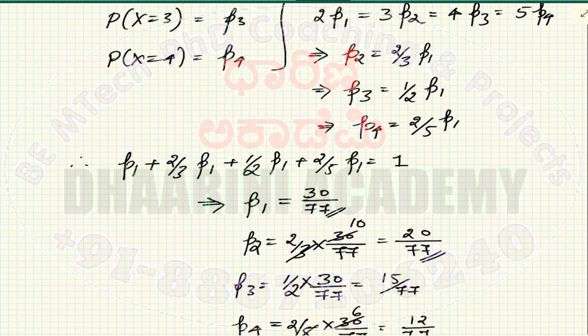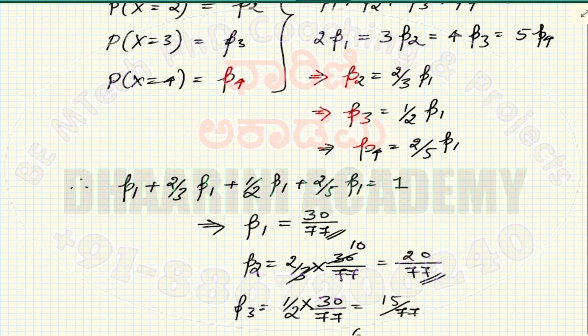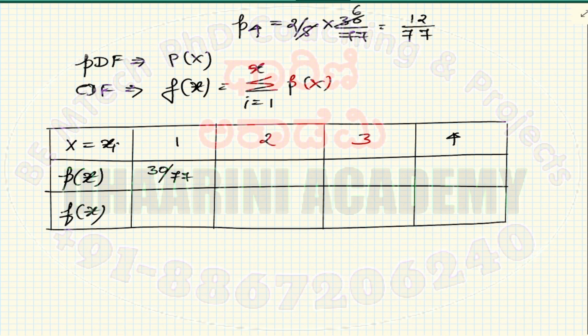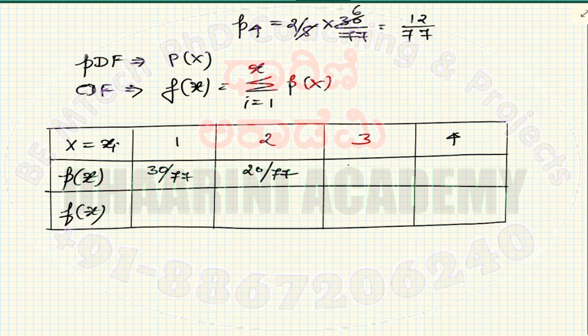So let's fill up. P1 is 30 by 77. P2 is 20 by 77. P3 is 15 over 77. And the last one is 12 over 77.